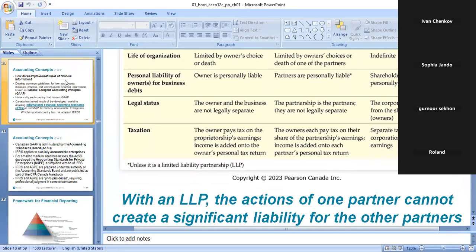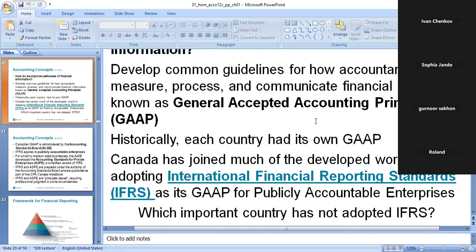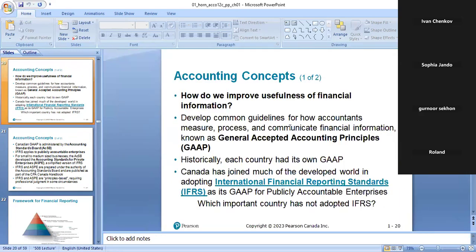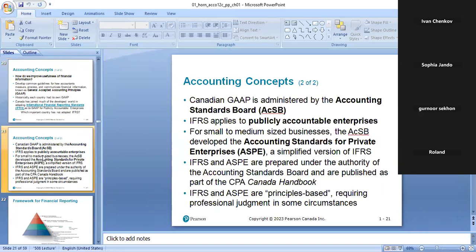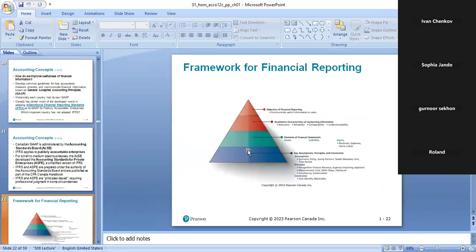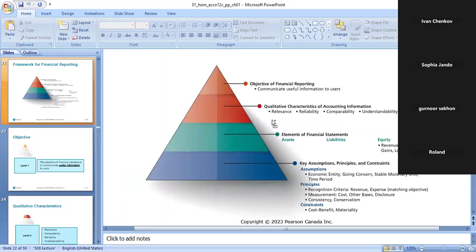And then we saw that in order to prepare all this accounting, in order to enter the transactions and prepare everything in the accounting system, we have to follow some concepts. And for the concepts, we have a framework. We have the objectives, we have qualitative characteristics, we have the elements of financial reports, and we have assumptions, which are the assumptions of foundation.